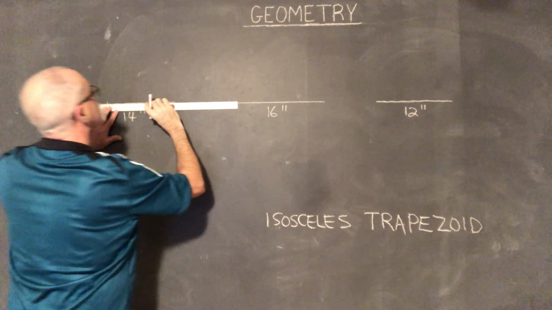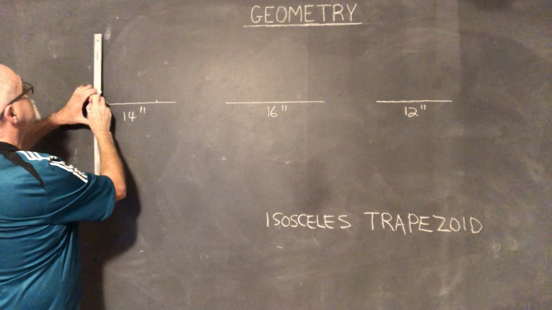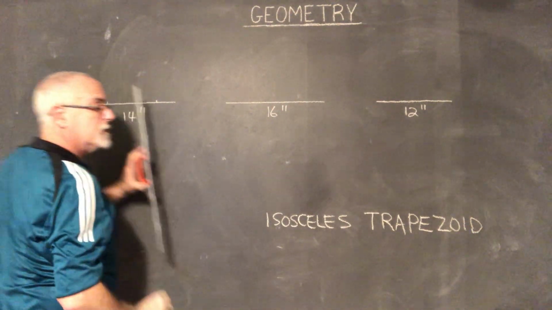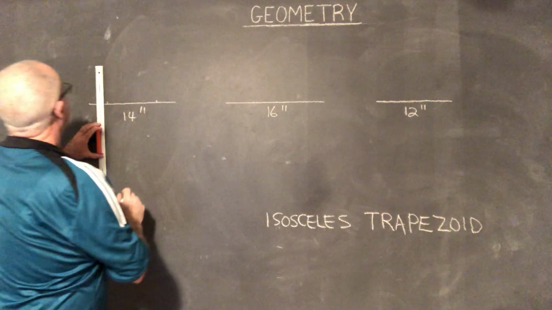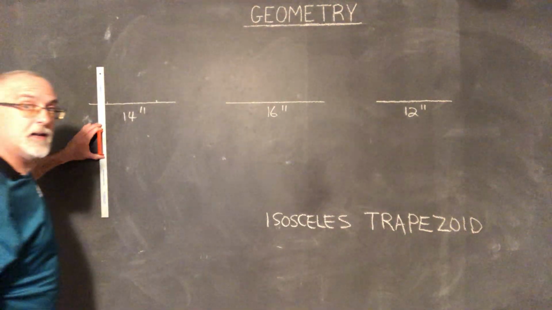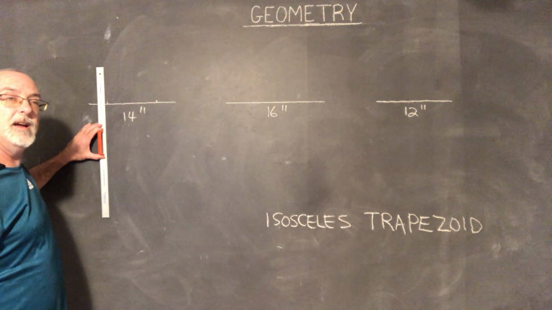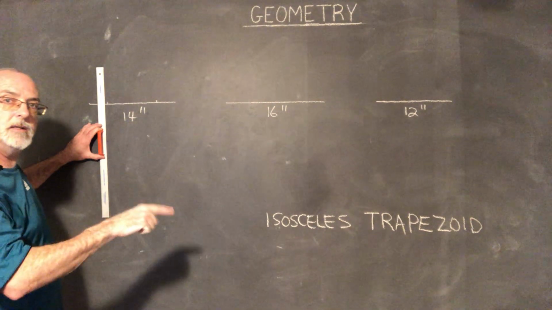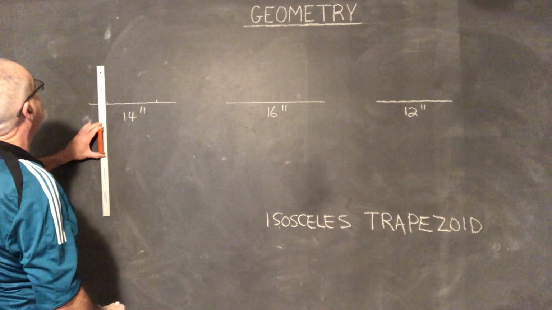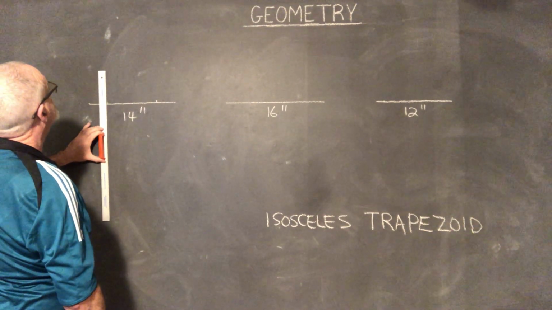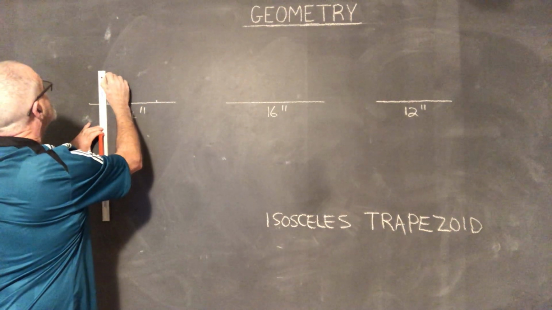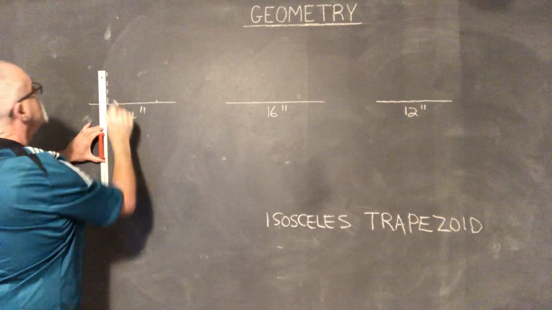I'm putting 2 marks 3 inches from the sides, and then, do I have a height chosen? Yes. I'm going to draw heights, and the height is not going to be one of the sides. So I'm going to do a dotted line, and the height of this one is going to be 5 inches.